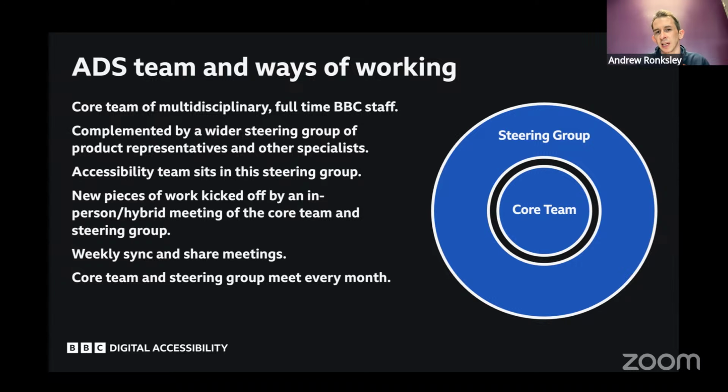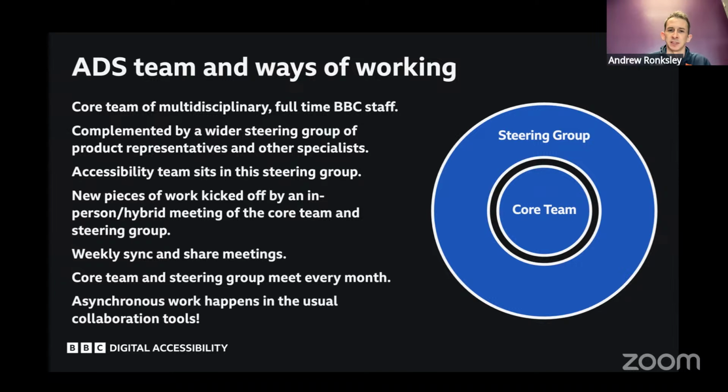We're involved a little bit more frequently than that. There's asynchronous work happening all the time in the usual collaboration tools. Myself and my colleagues are involved with this on a weekly basis, really. That's how we've organized ourselves. That structure and format has changed a little bit in the 18 months, but that's pretty much reflective of where we are today.